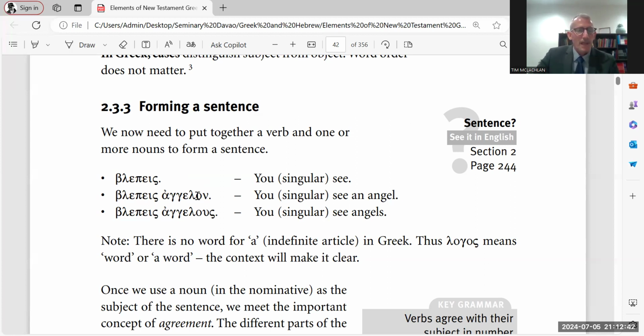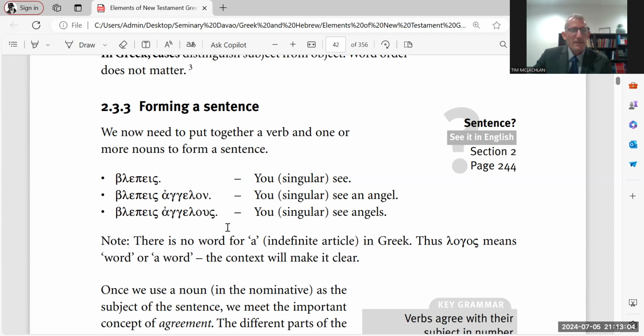But anyway, angelon is an angel. So in that case, blepeis angelon, you, and the epsilon iota sigma ending from blepo tells you that's you singular, and you see an angel. So you've got it all there in just those two words, you see an angel.